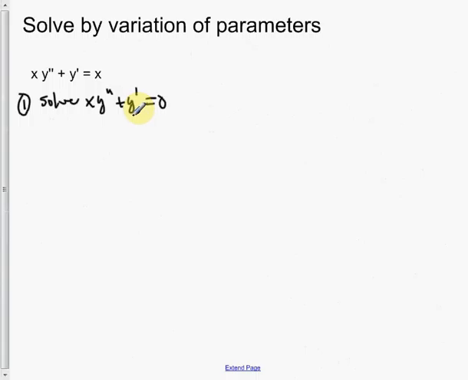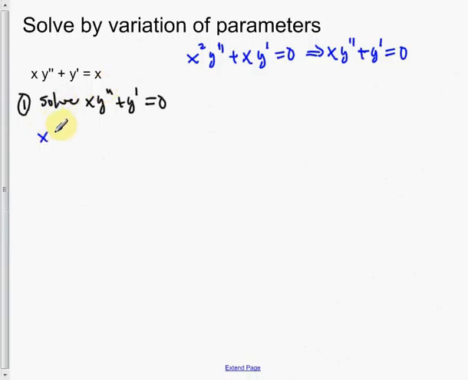Right? So if you think about that as being x squared y double prime plus x times y prime equal to 0, and you divide out an x, this implies that you have x times y double prime plus y prime equal to 0. So really it was there. So if it's y double prime, then we're going to write in its place m times m minus 1 times x to the m minus 2.